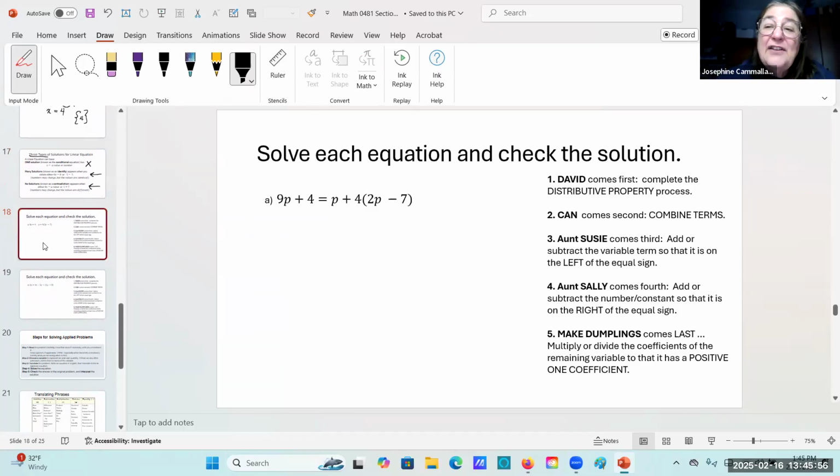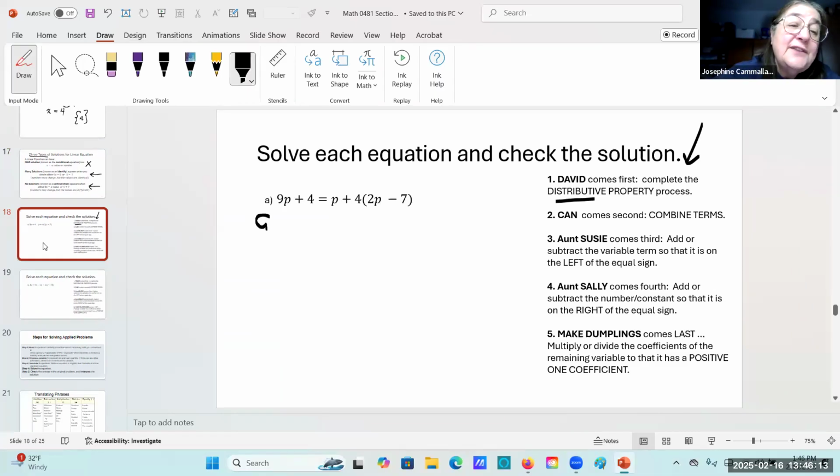And again, here we go. I still have this acronym over here in case we need it. Now, first off, notice there's no fractions. There's no decimals. But I do have to distribute first. Well, this gives me 9p plus 4 is equal to p plus 8p minus 28.